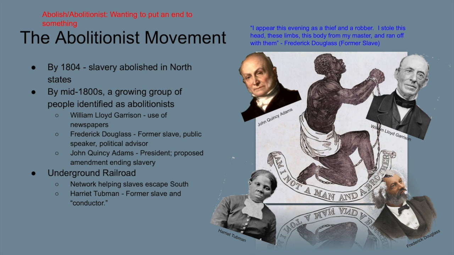You then also had resistance to slavery, seen in the Underground Railroad. This was a network that helped slaves escape the South to go to places like the northern states, to Canada, to Mexico, to places where slavery was abolished. And one of those famous abolitionists who helped with this was Harriet Tubman, who herself had escaped slavery several times. She was a conductor on the railroad, which meant that she would help slaves escape north.